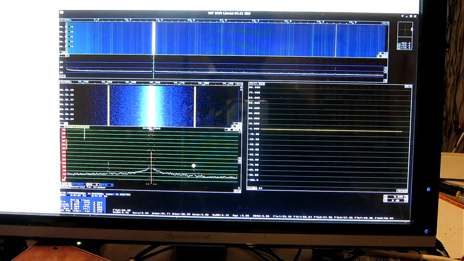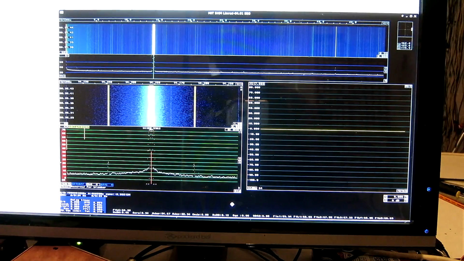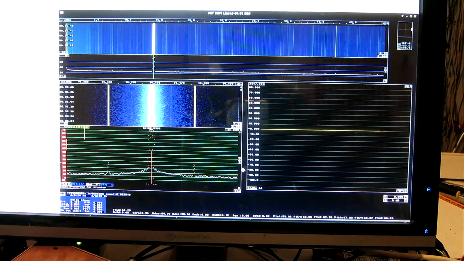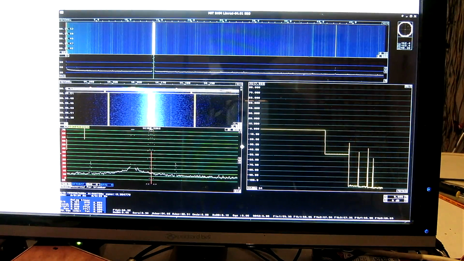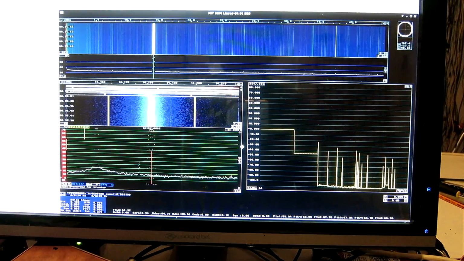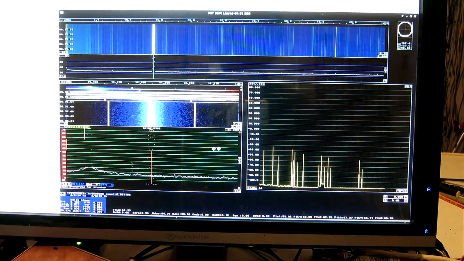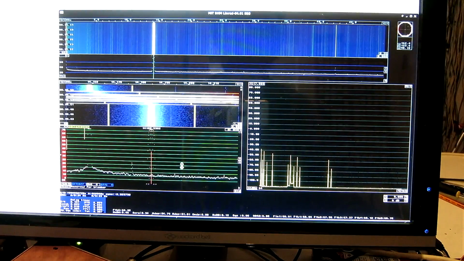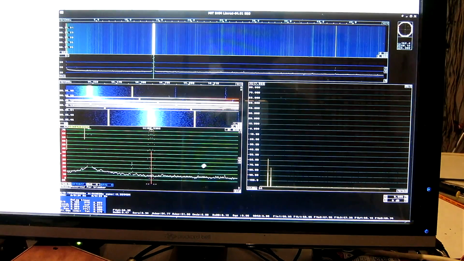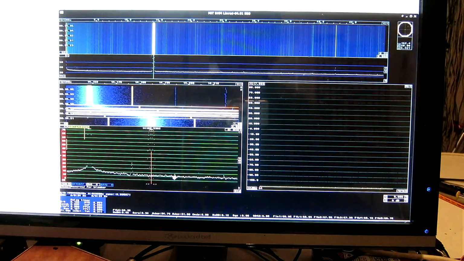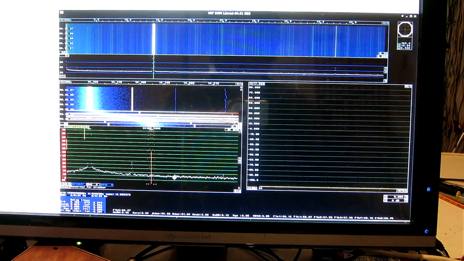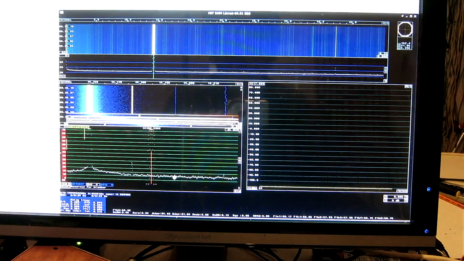The 2 spurs, this one and that one, they are not resampling spurs. We can see that by stepping in frequency. If they had been resampling spurs, I would have expected more of them at a constant interval. This could be a resampling spur. Maybe or maybe not.